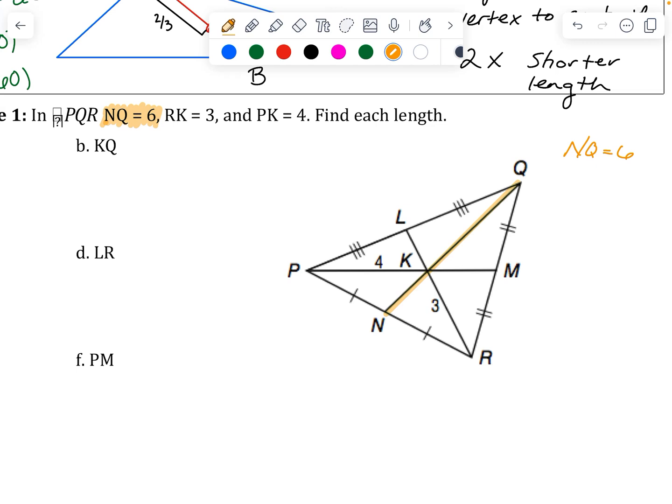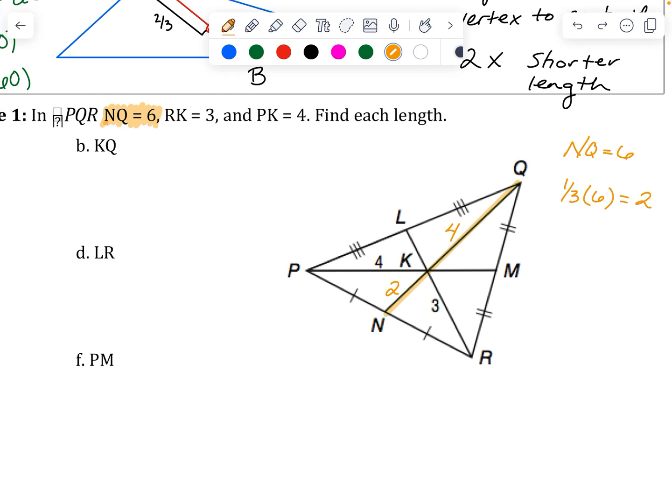It doesn't matter which one you do. I usually like to go with 1/3 of a segment, just because it's easier for my brain to work with 1/3 or dividing by 3. So the shorter part is going to be 2. If I double that to get 2/3, I'll get 4 for the longer part. And the longer part is always from the vertex to the centroid.